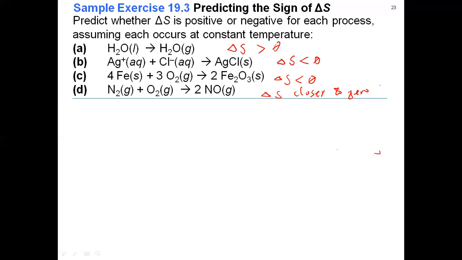Here we just have the sign for the chemical reaction, but the second law tells you that delta S universe larger than 0 is spontaneous. So here those are just delta S system.